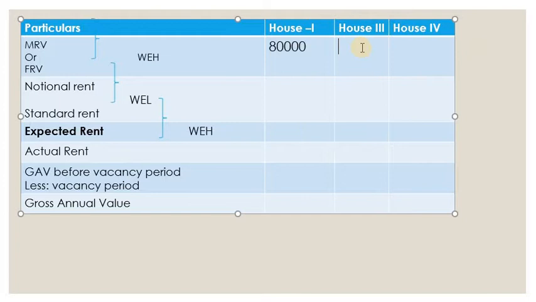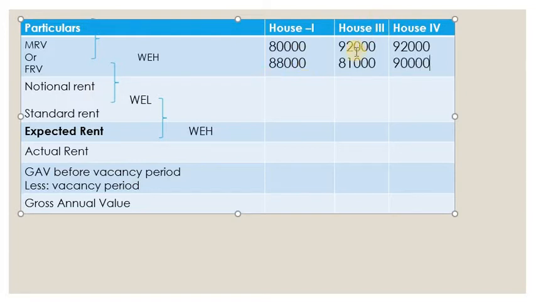Then house 3, 92,000. Then house 4, again 92,000. Then let us compare the fair rental value. Let us write down 88,000, 81,000, sorry, 81,000, then 90,000.